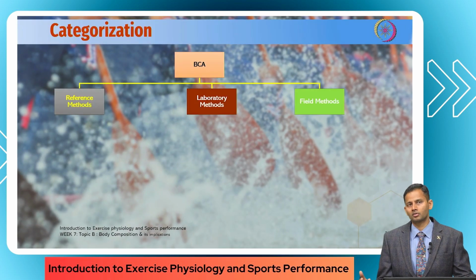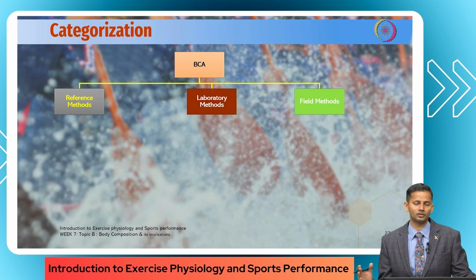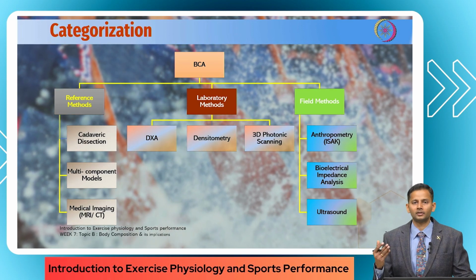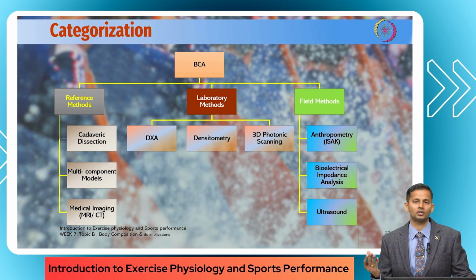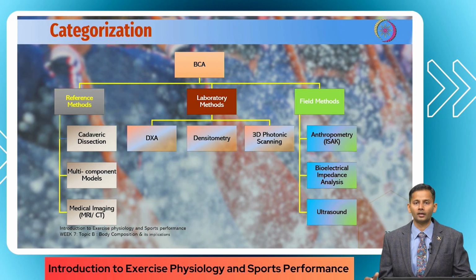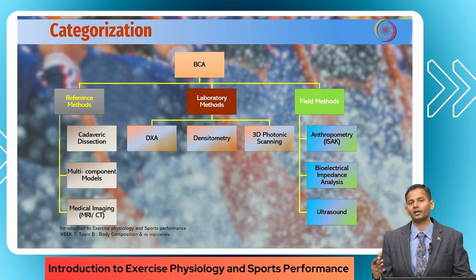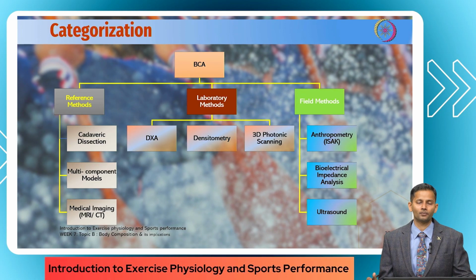Further, we will go into detail on body composition analysis from the utility aspect. With the reference methods, I have the cadaveric dissection method, the multi-component model method using chemical as well as anatomical methods. Then you have medical imaging like MRI and CT derived references on body composition.